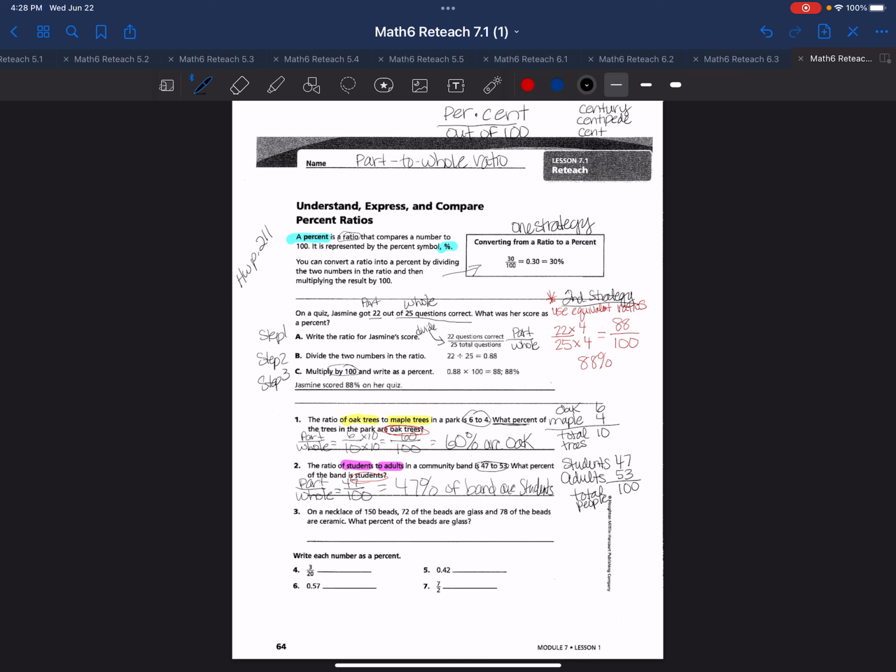Okay, question 3. On a necklace of 150 beads, so we know that's the total amount, 72 of the beads are glass, and 78 of the beads are ceramic. What percent of the beads are glass? So we know that glass is 72, ceramic is 78, and the total is 150.